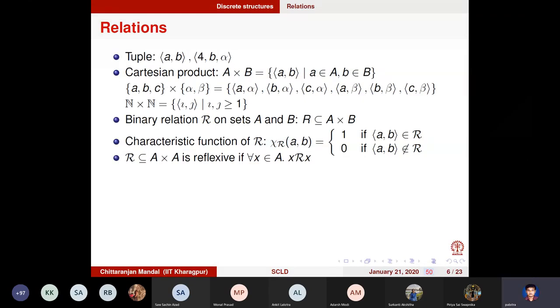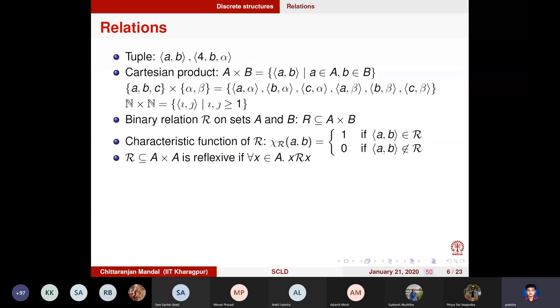One relation is called reflexive if an element X of A is always related to itself. So if you pick up any X from A, the relation X R X always holds.